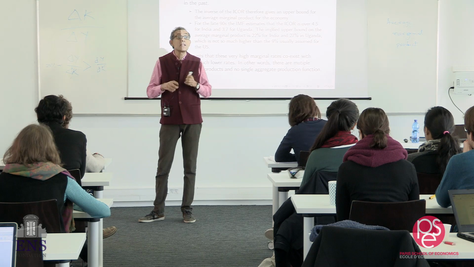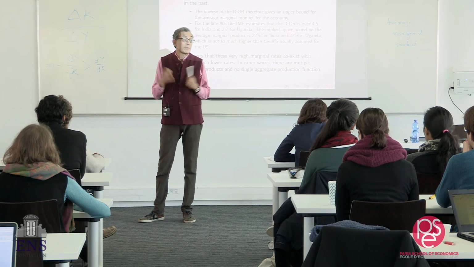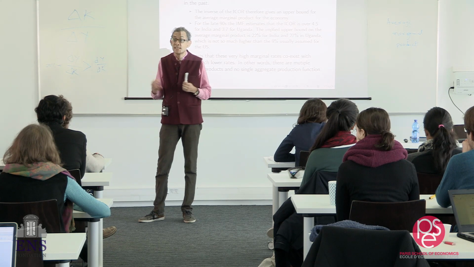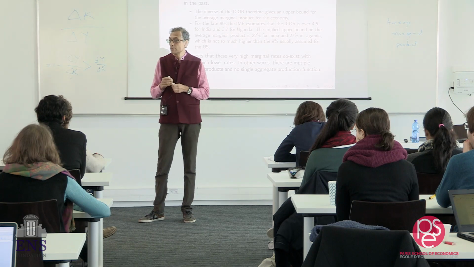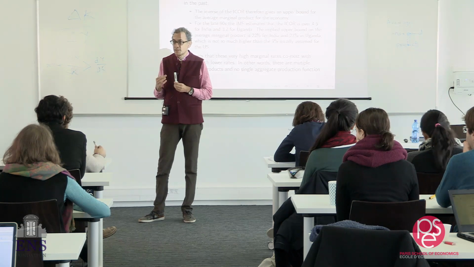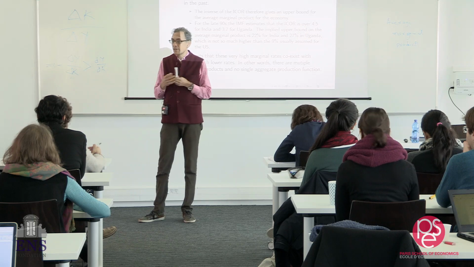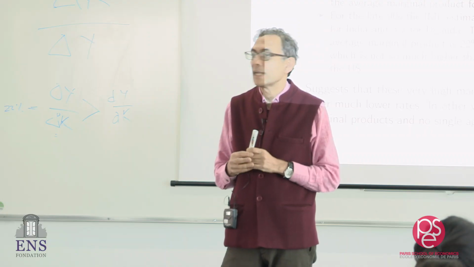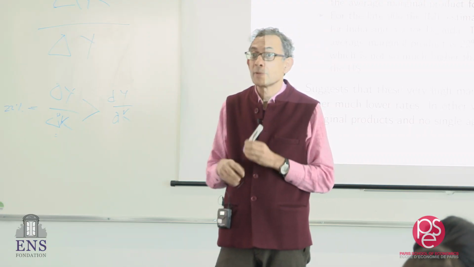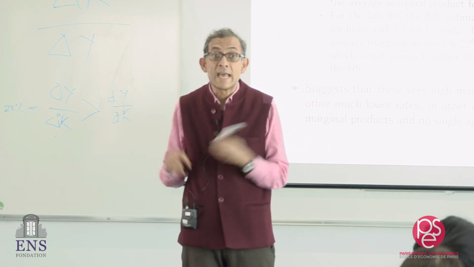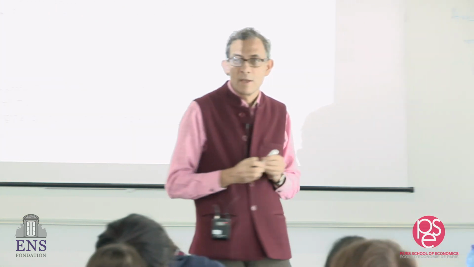In fact, a very large part of capital must be flowing to firms which have less than these high rates of return we observe from the experiments. The small firms seem to have very high rates of return, but they're not getting a lot of capital. The capital is going somewhere else, and there the returns are not that high. What does that say about the aggregate production function?